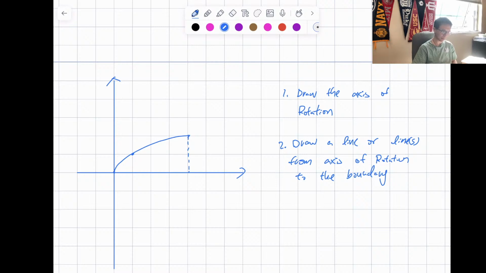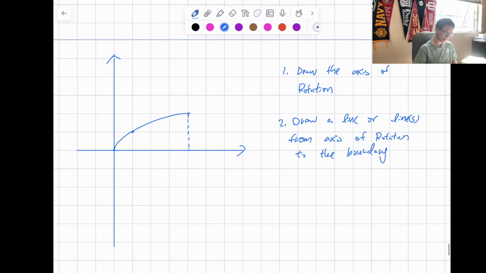It could be plural. So either one bound or two bounds, right? If it's one line, then it's more likely to be a disk. If it's two lines, it's more likely to be a washer.